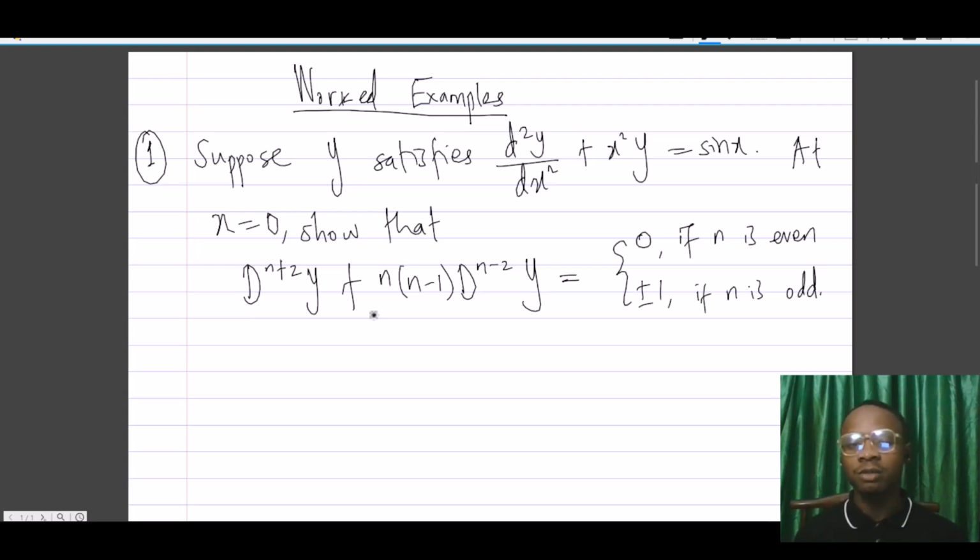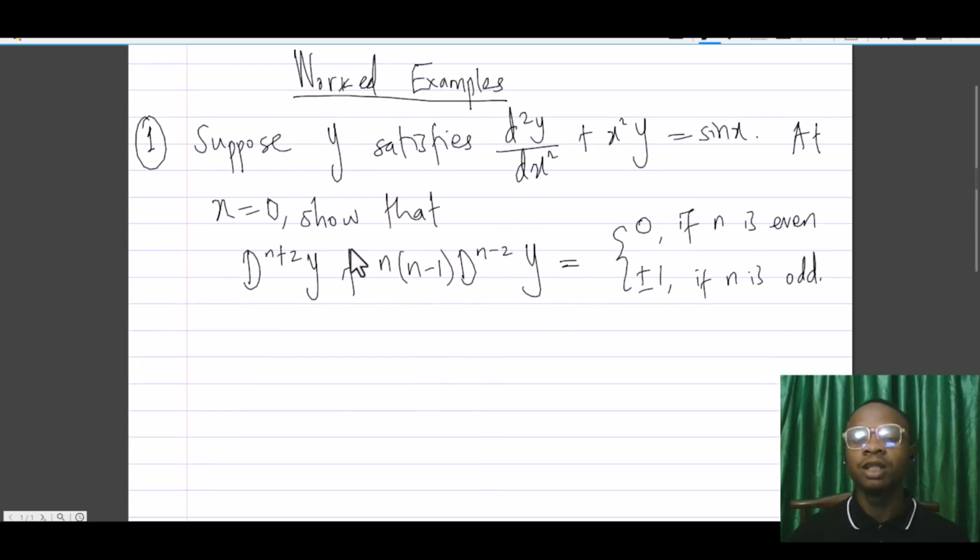This is quite similar to some of the problems we solved previously. We can easily identify that this is the second derivative of y. This is the zeroth derivative of y, and in this case we don't have it equal to 0 on the other side, so there's clearly no need to move this to the other side. We can just deal with it the way it is here.